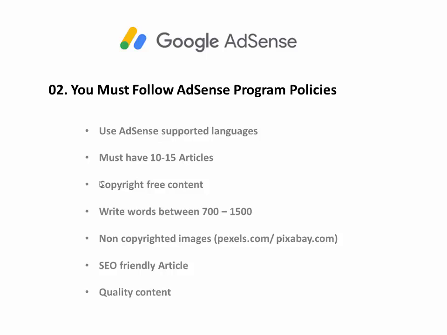Let's see our next point. When you write your article, try to write between 700 and 1500 words, so that way you will create a good article with a lot of information, and your visitors will love to read it.